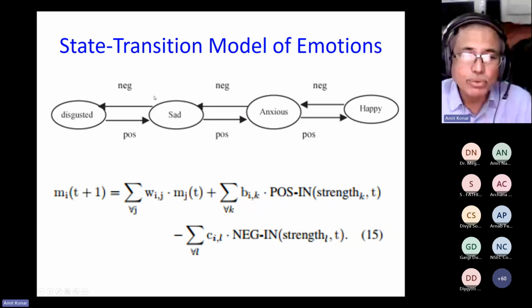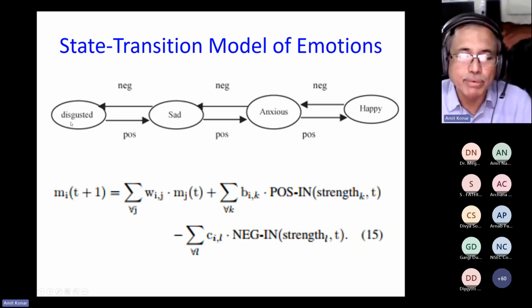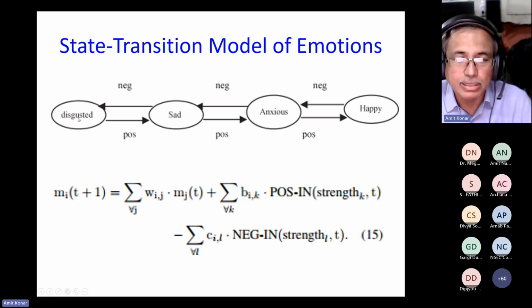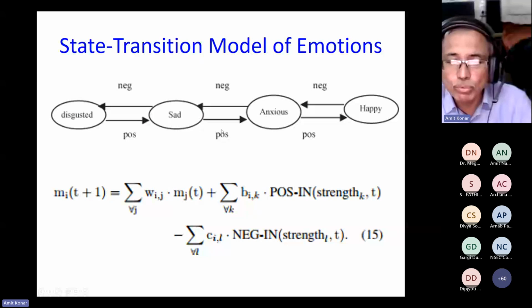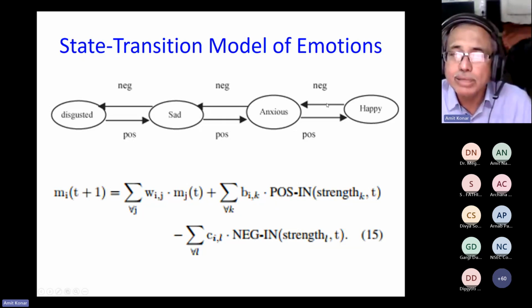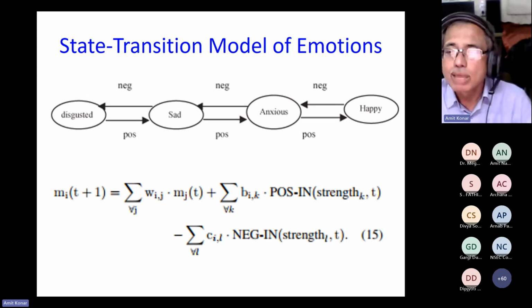Now suppose this is a state transition model of emotion. If a person is disgusted, then if you provide some positive instances, she or he may be sad. With more positive instances, she or he may be anxious, and again with more, happy. If we apply a negative input, maybe negative input means you just tell her some negative words, maybe shocking words, maybe wrong information which negates something, maybe someone has failed in the examination and you report to her that she has failed.